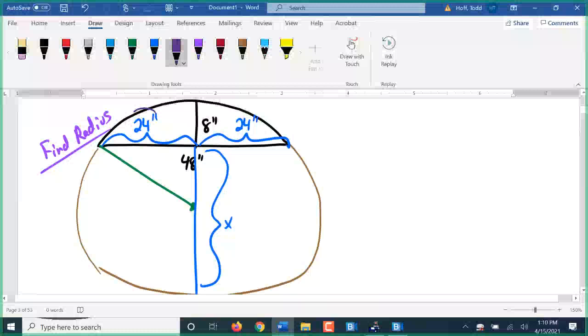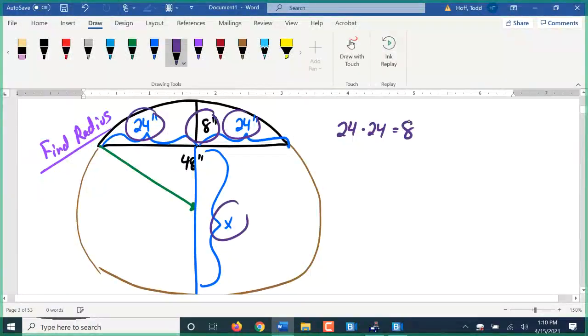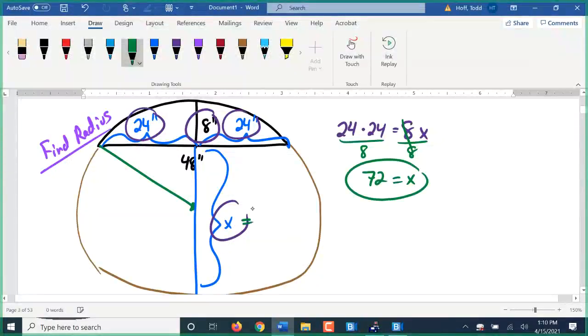So this chord is 24 and 24. So 24 times 24 has to equal, this one is 8 and x. So 8 times x. So we solve that by doing 24 times 24 divided by 8. Gives us 72 equals x. So x here is 72 inches.